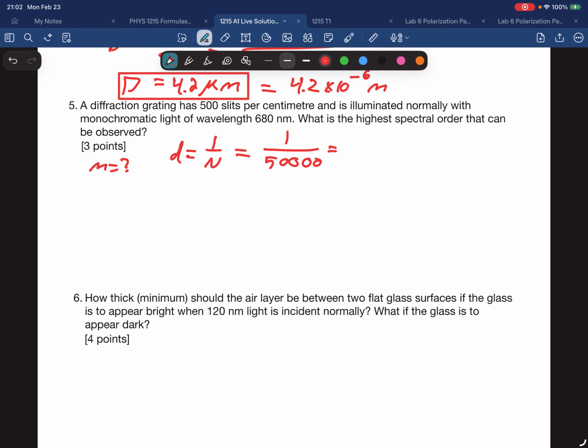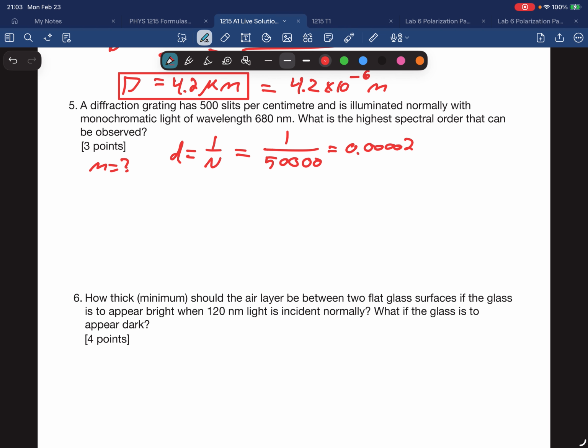So our D is going to be equal to 1 over 50,000, or 0.00002. So that is our slit spacing. That would be in units of meters, by the way.